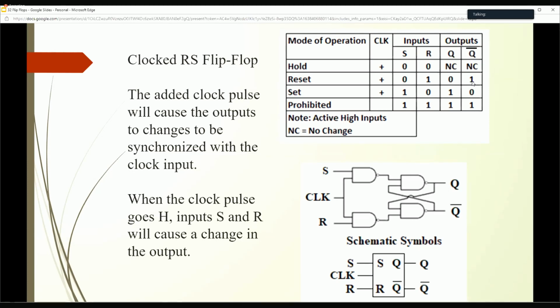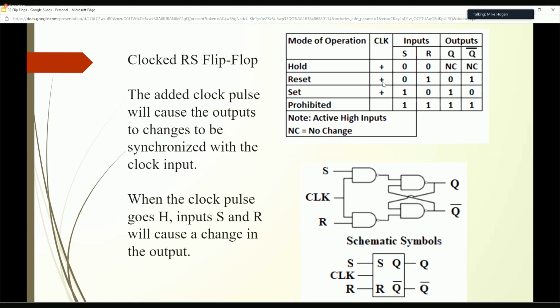Now notice the conditions that have to occur in order to get a 0 on Q: I've got to have a 1 on reset, a 0 on set, and a positive clock pulse.